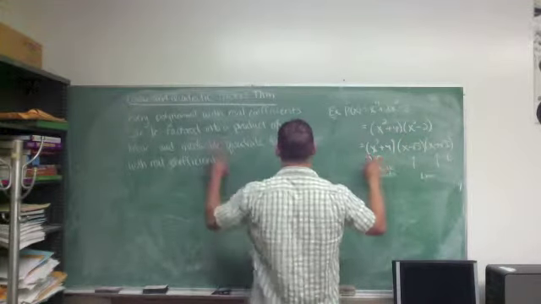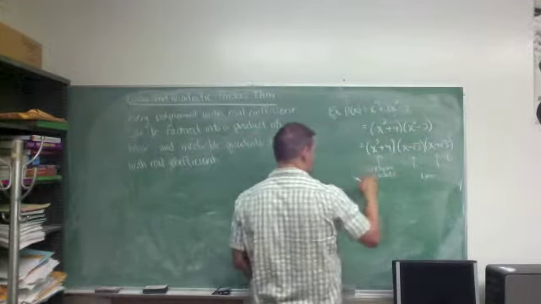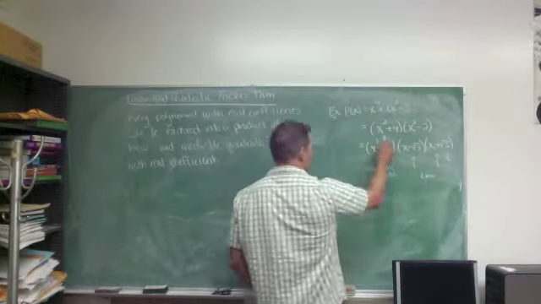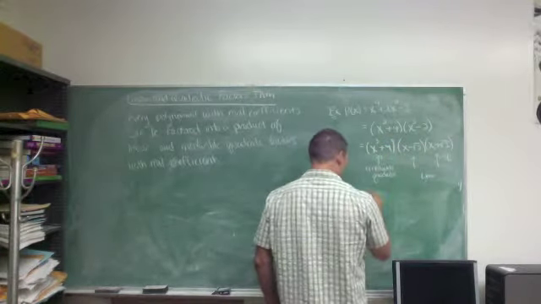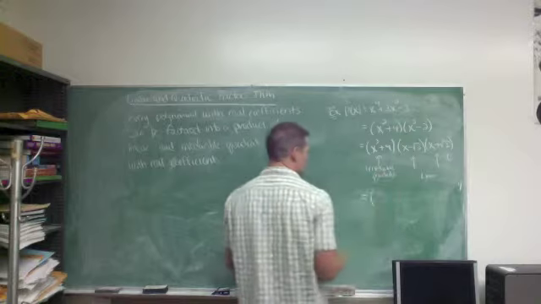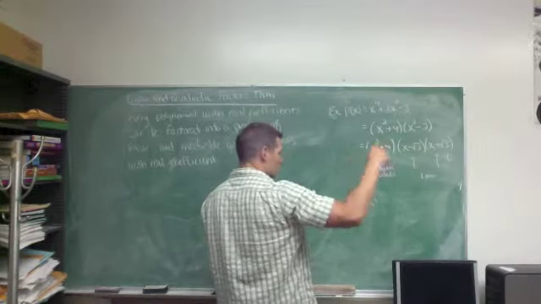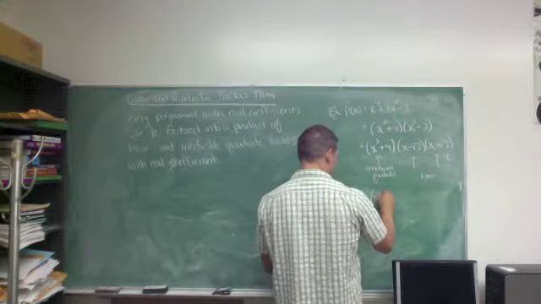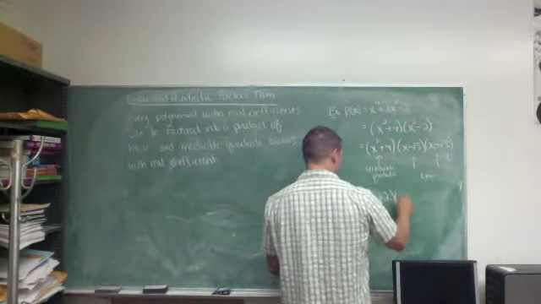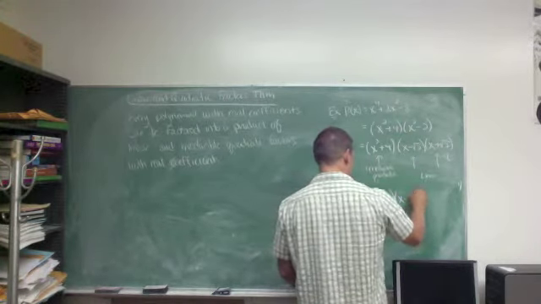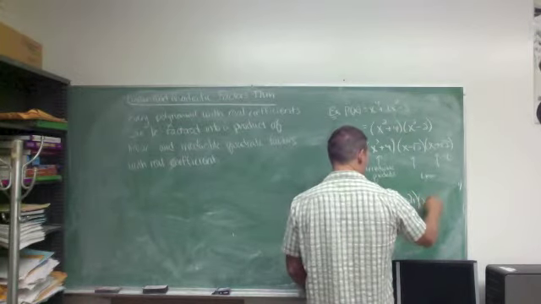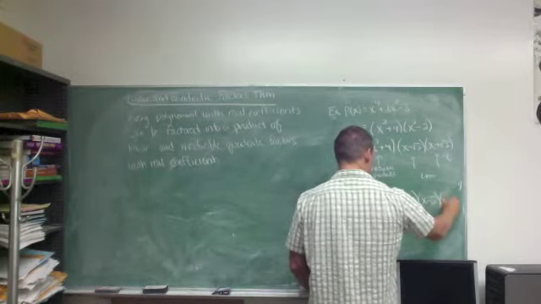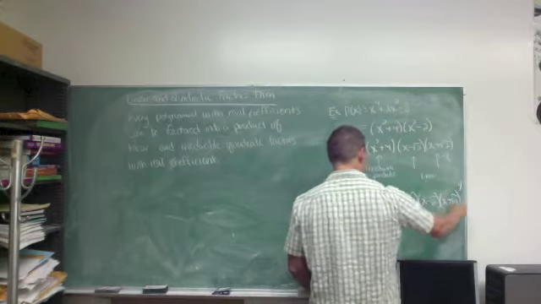This theorem says you can break them down this way, but the complete factorization theorem says I can break this down even further. If I set x squared plus 4 equal to 0, subtract 4, square root both sides, I get 2i and negative 2i. So it'd be x plus 2i, x minus 2i, x minus the square root of 2, x plus the square root of 2.